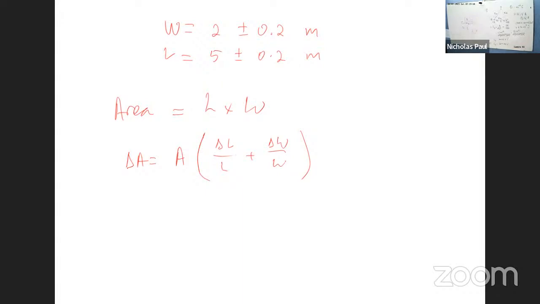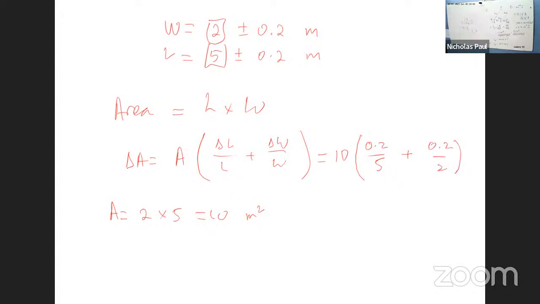So how are we going to work out the error? First thing, let's find the area. Area is length by breadth. So we're going to say 2 multiplied by 5. That's 10, right? Square meters. Now we want to find the fractional error. So 10 multiplied by the error in L, which is 0.2 over 5, plus the error in W, 0.2 over 2.